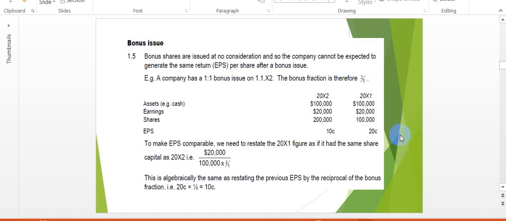Or we could simply get the EPS for 20x1 and use the reciprocal of the bonus fraction. The reciprocal simply means, since the bonus fraction is 2/1, the reciprocal is going to be 1/2 times the 20 cents to give us 10 cents. Then we can compare the 20x1 and 20x2 EPS.